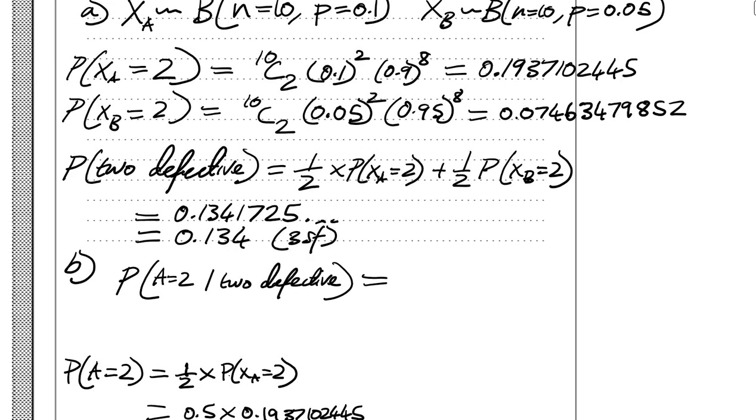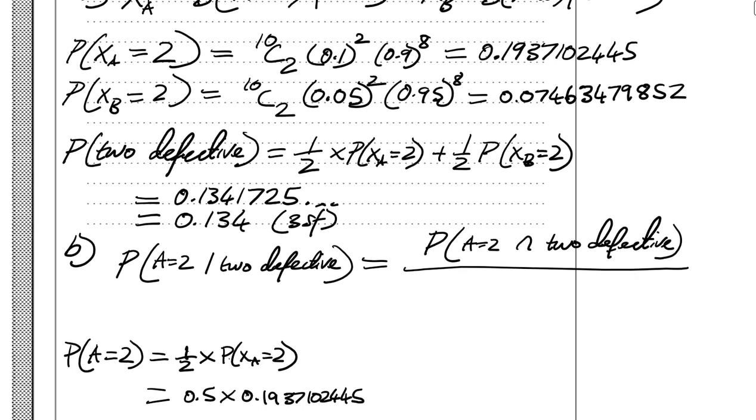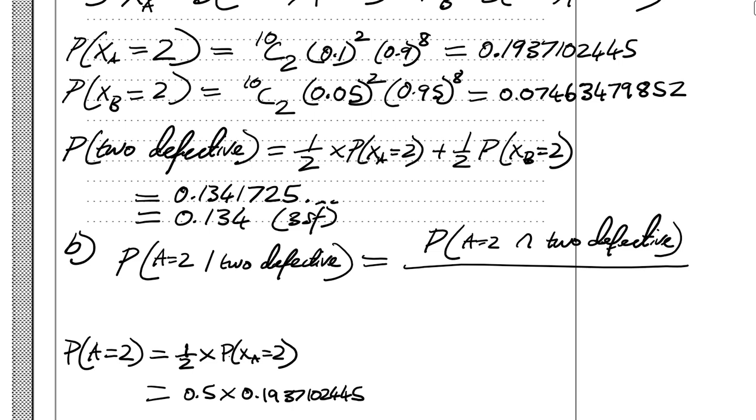This is our conditional probability equation, and so what we know is it's A intersection B. So we have A is equal to 2 intersection 2 defective, and that's divided by, sorry, this should be A. So the probability of A is 0.5.